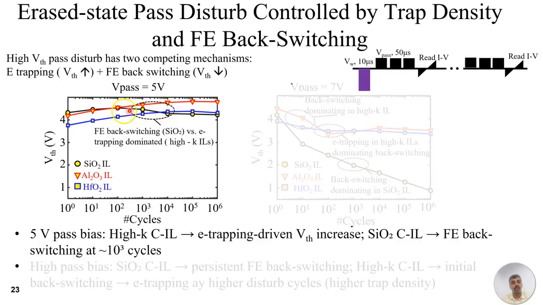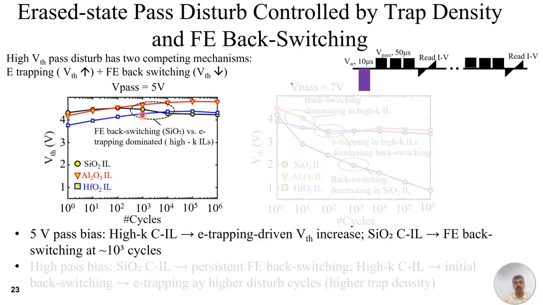However, if we see the SiO2 CIL, which is the black curve, after 1000 cycles the device's VTH tends to reduce, which is different from the high K CIL. This suggests that the dominant disturb mechanism in SiO2 CIL is ferroelectric back switching, which is observed after 1000 cycles.